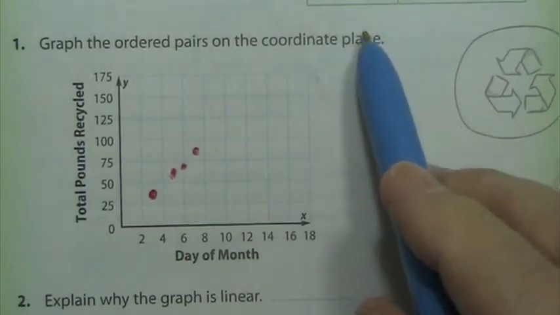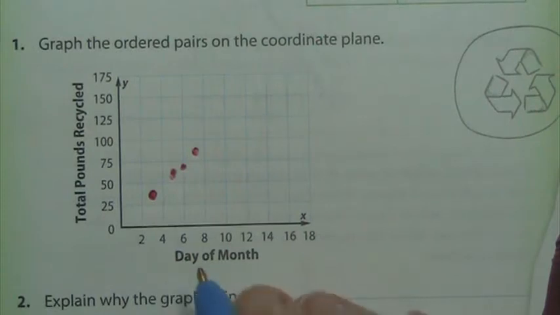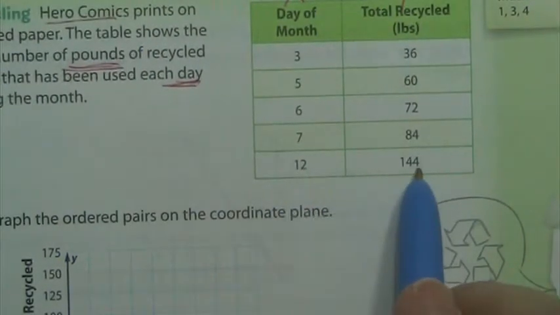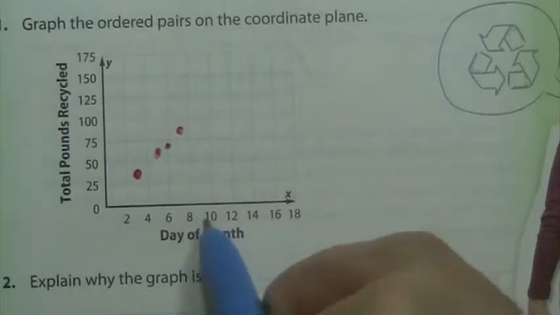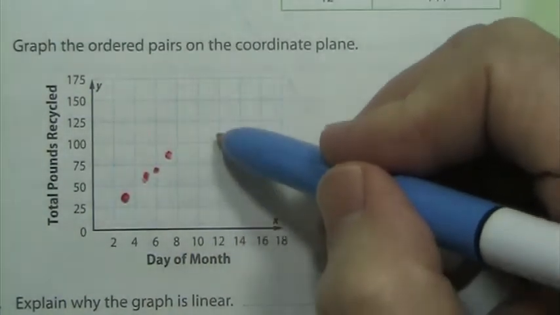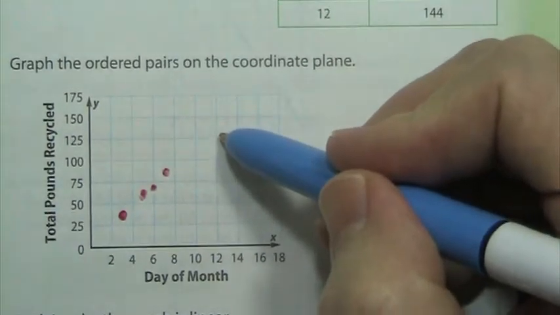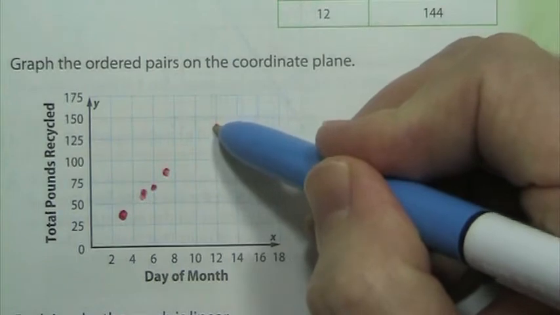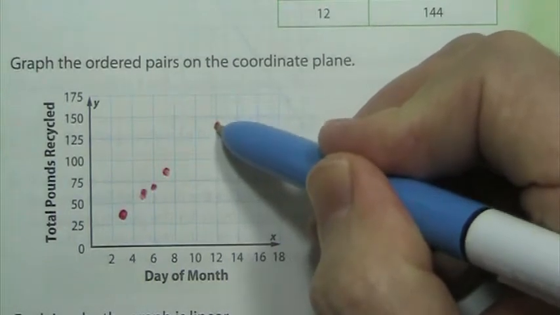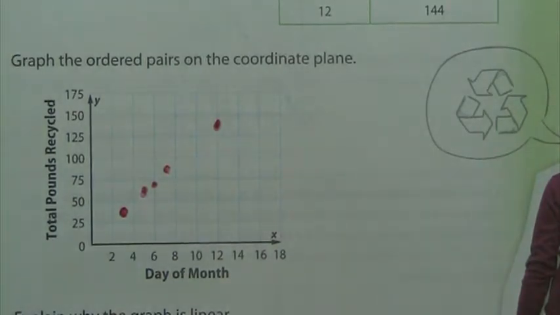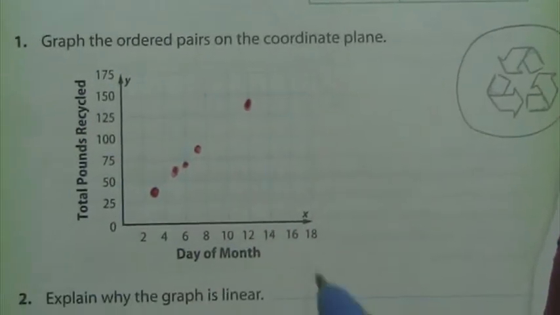Next one is 12, 144. Remember, this is where I'm getting my numbers from. 12, 144. So I go over 12 and up to 144. That's pretty close to 150. Okay, so there we are. So it's roughly a line there.